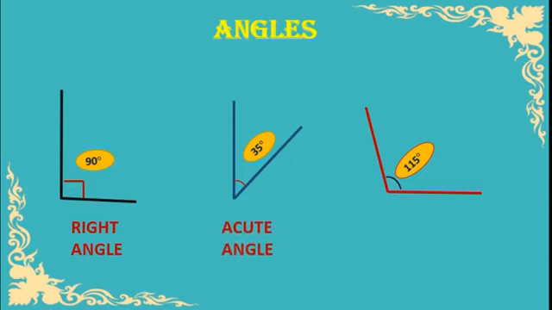This is an acute angle because here the measurement is 35 degree, and the angles between 0 degree and 90 degree are called acute angles. And this is an obtuse angle because it is between 90 degree and 180 degree.